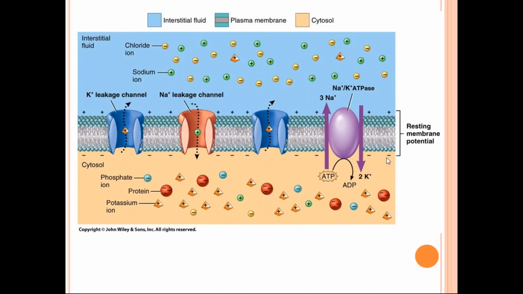Now, just so you understand, that's the difference between the inside and the outside is minus 70 millivolts. Okay, so it's not really like it's minus 70 here and plus here. It's the difference between the inside and the outside is minus 70.